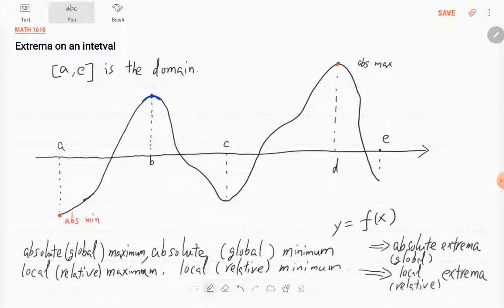So the f value of this point is called a local maximum. What about this point? Nearby this point, you can see the blue curve. This is the lowest point, so this would be the local minimum.